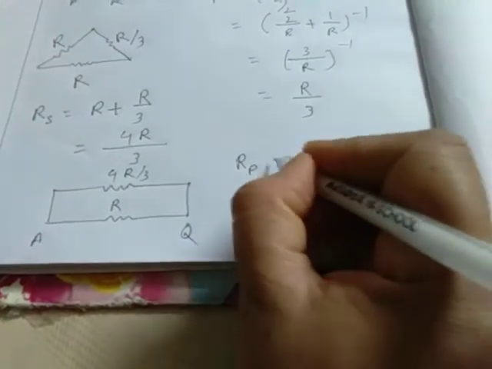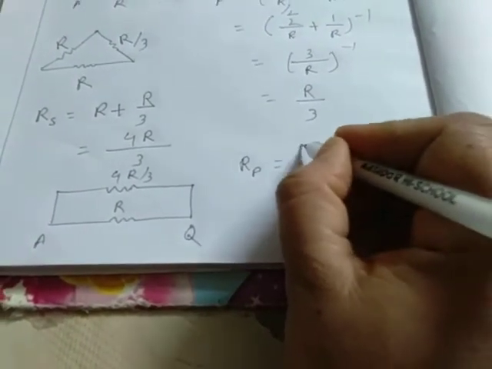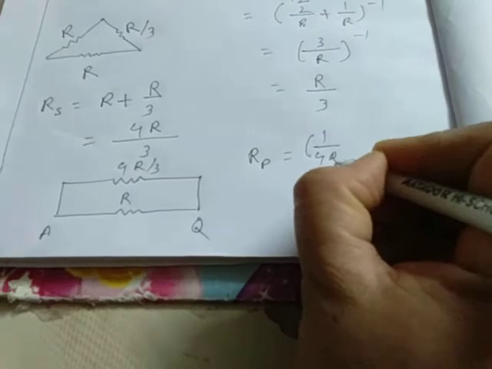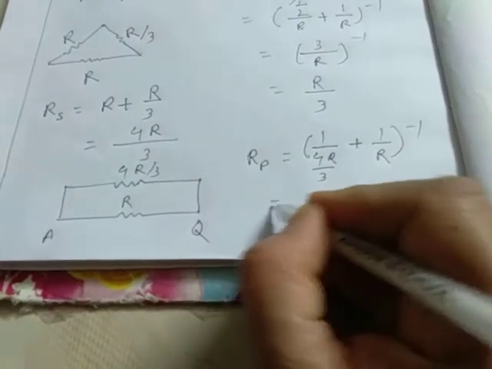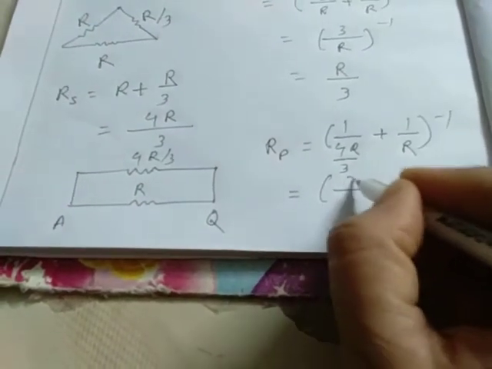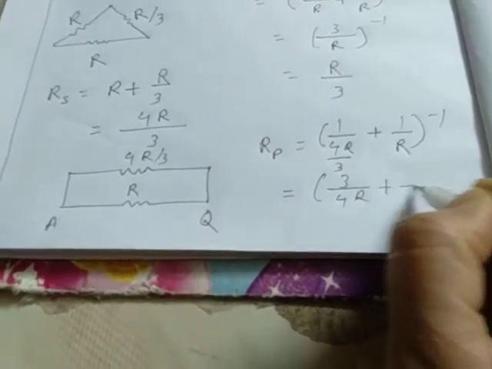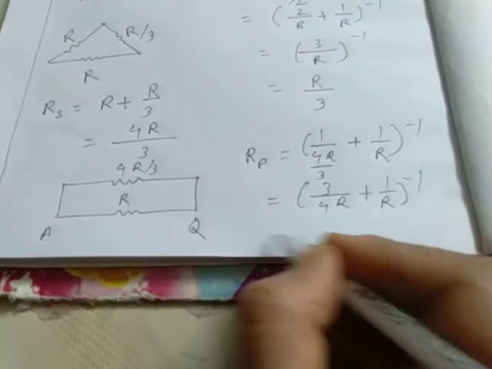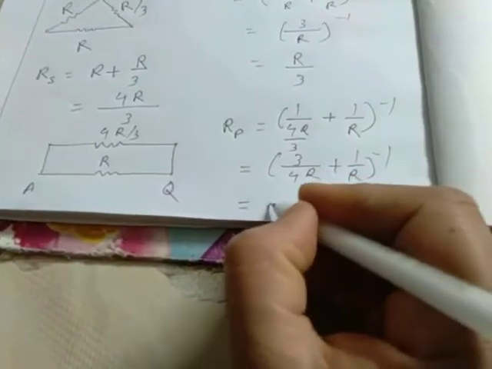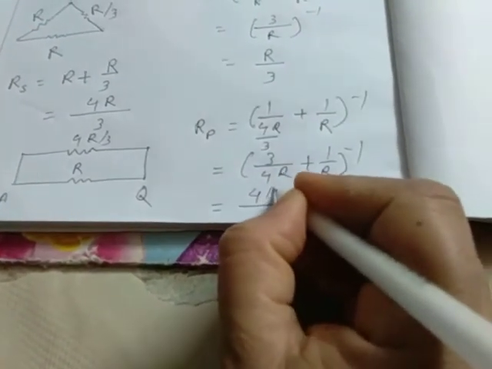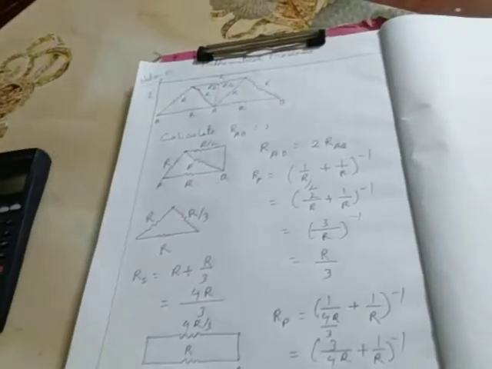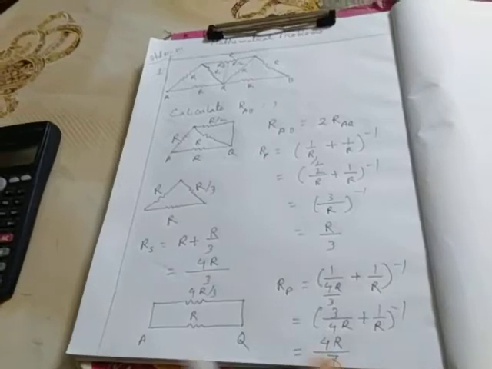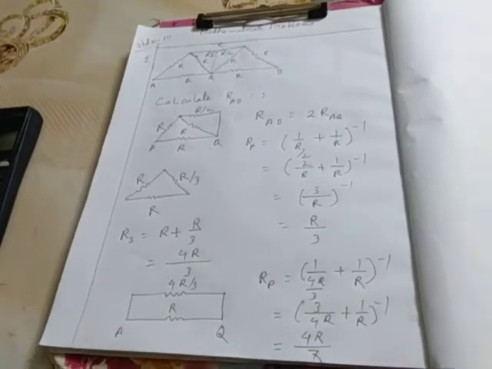So RP equal to (1 by 4R by 3 plus 1 by R) inverse, that is equal to (3 by 4R plus 1 by R) inverse, and finally it will come 4R by 7. Finally the equivalent resistance in this parallel combination will be 4R/7.